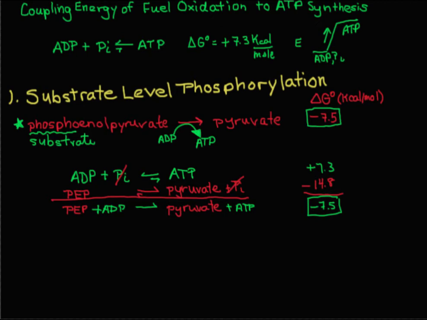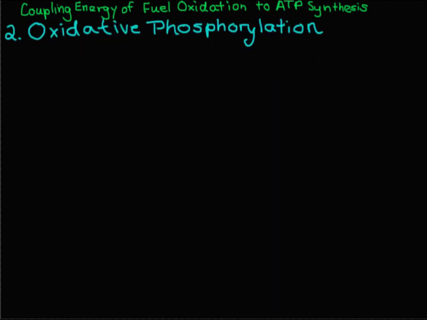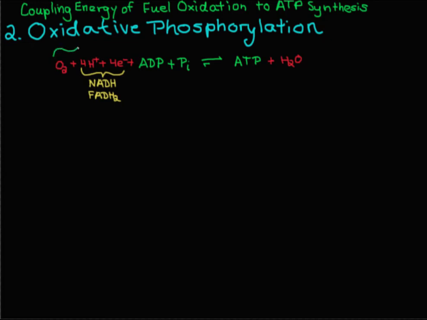Now let's look at oxidative phosphorylation. And the overall reaction for oxidative phosphorylation is shown here. It involves oxygen, which is an electron hog, so the oxygen gets reduced by these electrons and protons to water, and that favorable reaction is coupled to the synthesis of ATP.